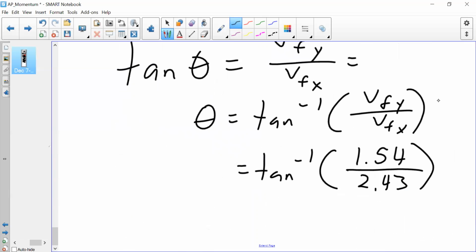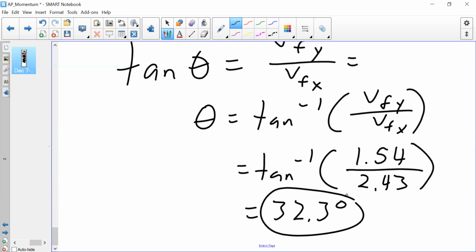So our angle there, 1.54 over 2.43, is 0.633. 32.3 degrees is the angle of impact.